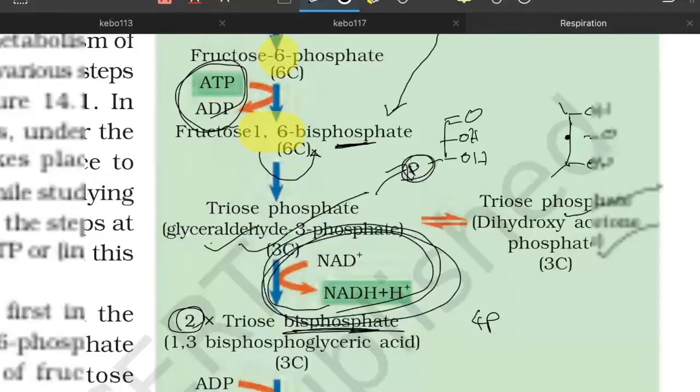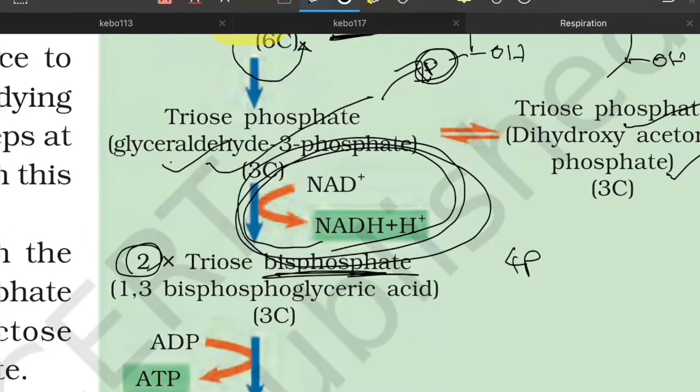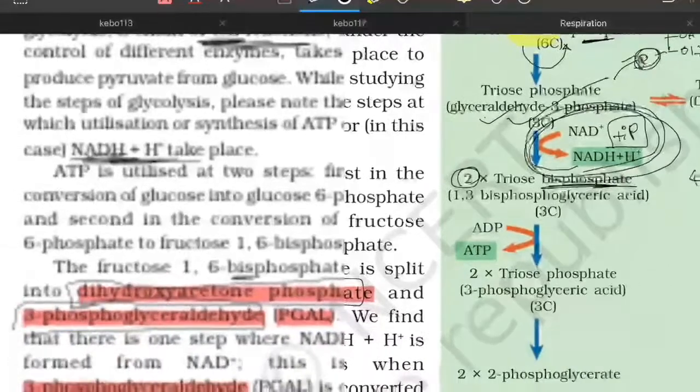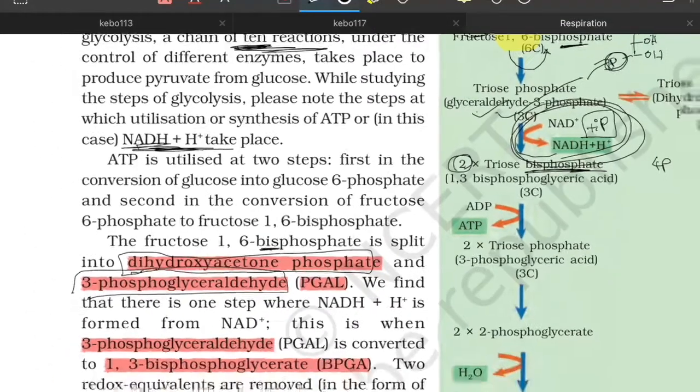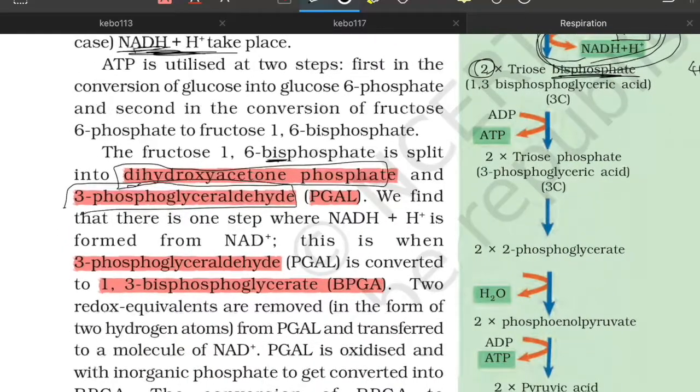Initially, there were only 2 phosphates in one main molecule. This suggests that inorganic phosphate is also being added in this process. And we have got 1,3-bisphosphoglyceric acid, BPGA.